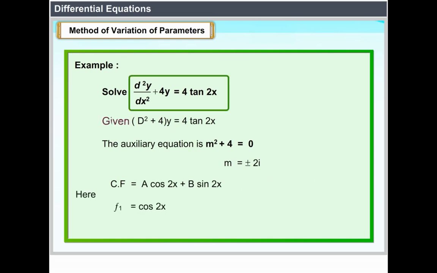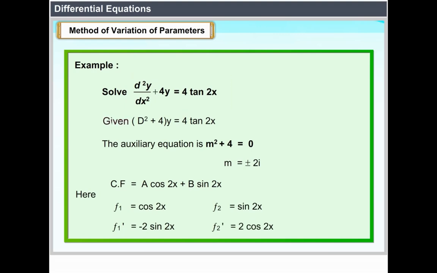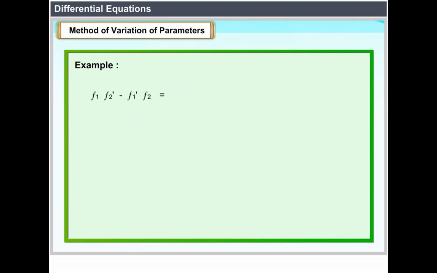Here f1 = cos 2x, f1' = −2 sin 2x, f2 = sin 2x, f2' = 2 cos 2x. f1 f2' − f1' f2 = 2 cos 2x · cos 2x − sin 2x · (−2 sin 2x) = 2(cos² 2x + sin² 2x) = 2.